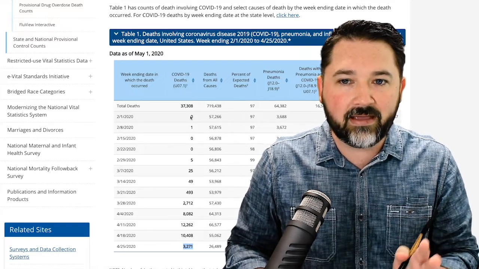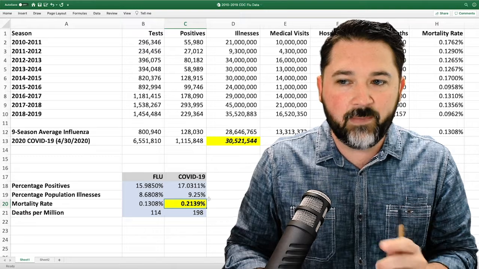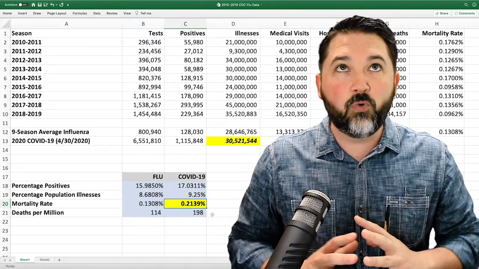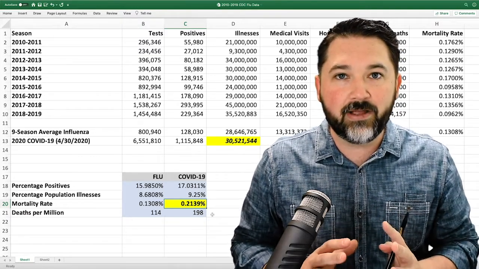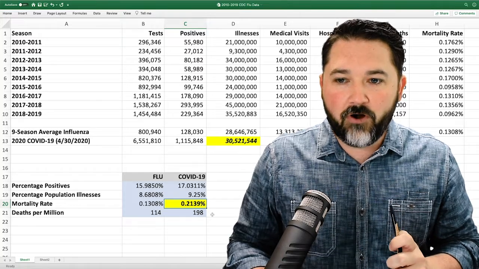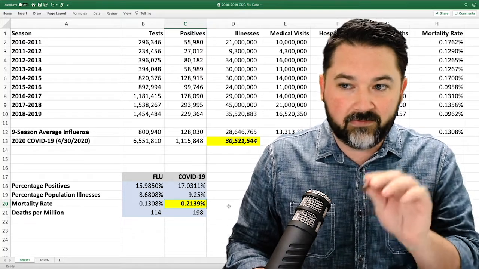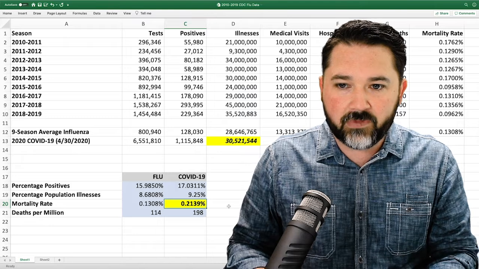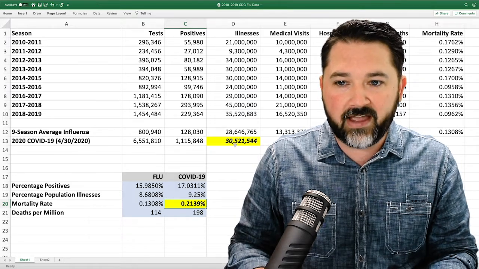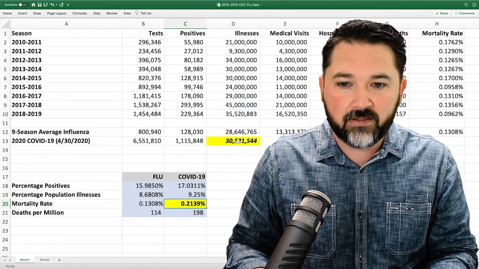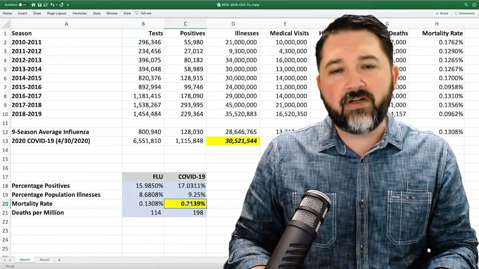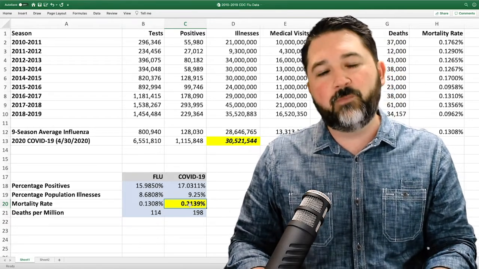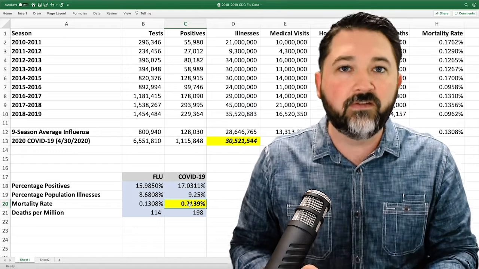Now let's go back to our spreadsheet and let's make some adjustments to see where that lands the mortality rate, okay? So we've already adjusted for today's typical data that everyone else is using. Of course, see this highlighted number, this number of illnesses takes us to 0.21. Now, I've gotten some flak about that number because people are saying, well, you're not accounting for social distancing.